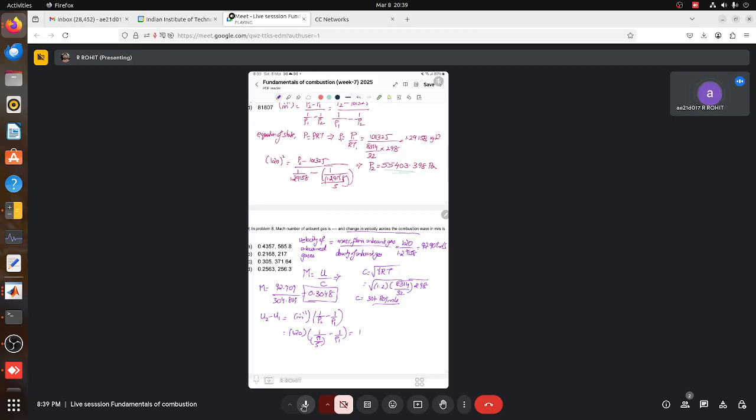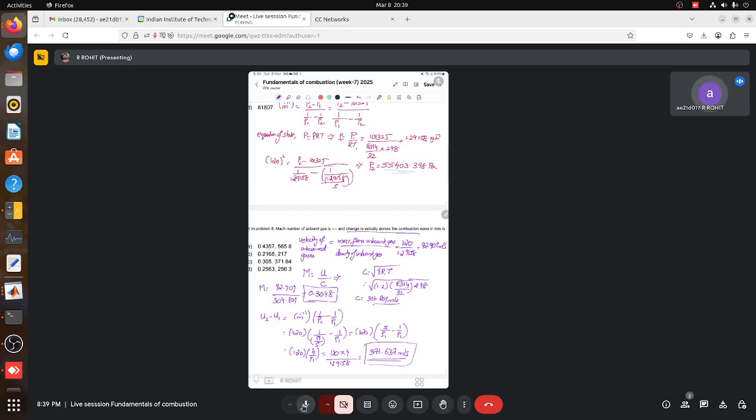So this is nothing but 120 into 5 by rho 1 minus 1 by rho 1, which is nothing but 120 into 4 by rho 1. This is 1.29158, so this comes close to 371.637 meter per second. So this is your change in velocity across the combustion.